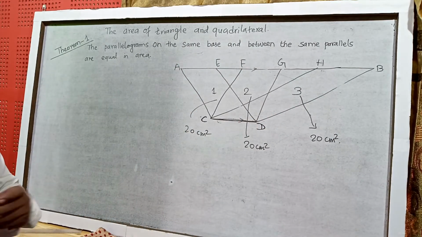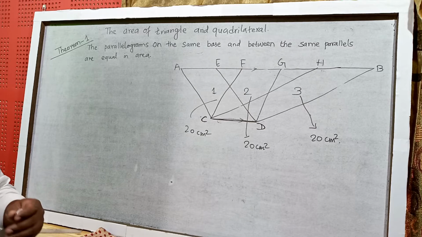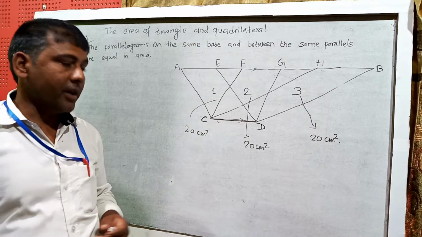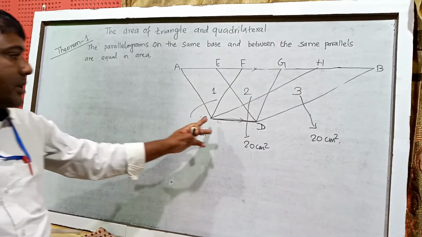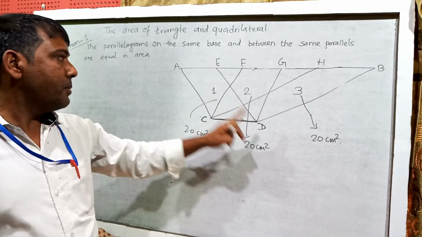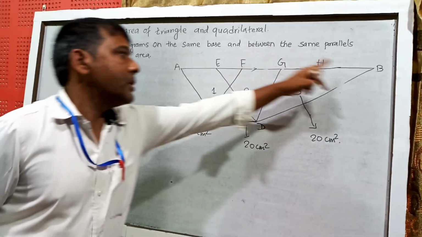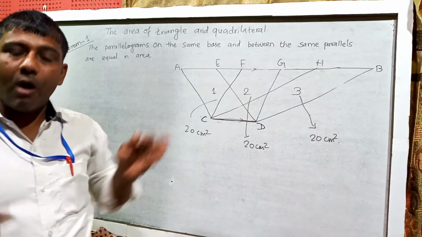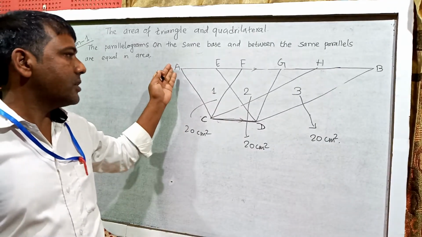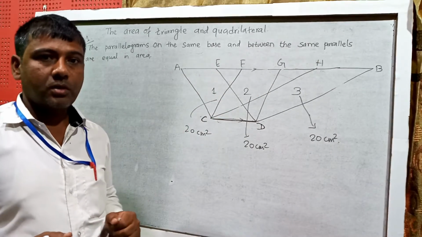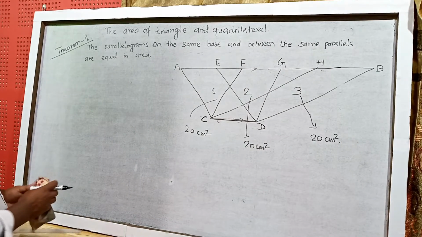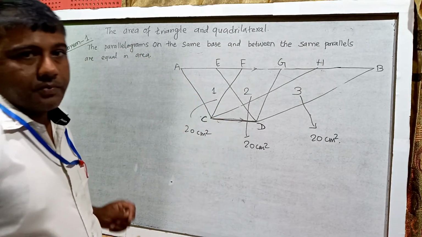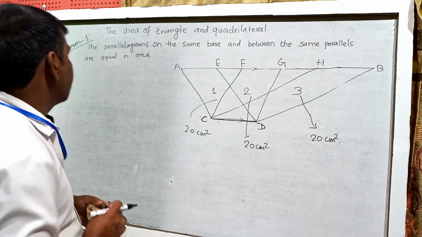The areas of these parallelograms are equal because they are standing on the same base and between the same parallels AB and CD. So their areas are equal. This statement says this. Are you clear, students?